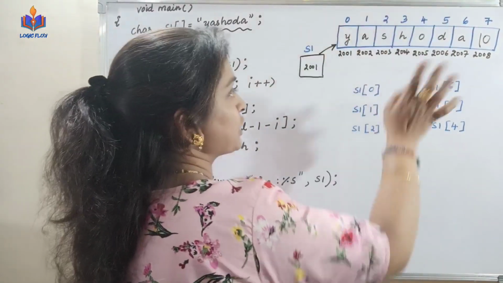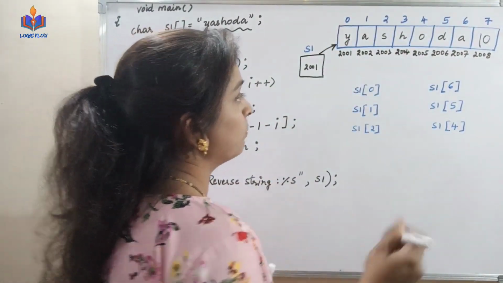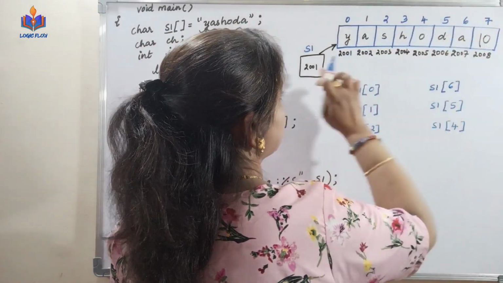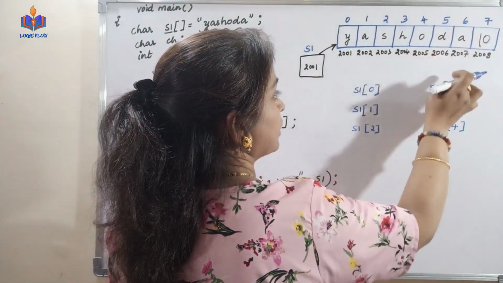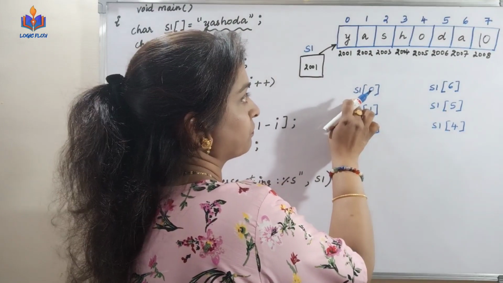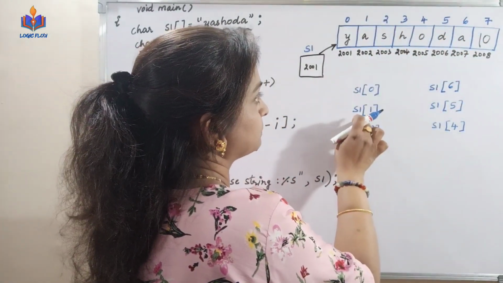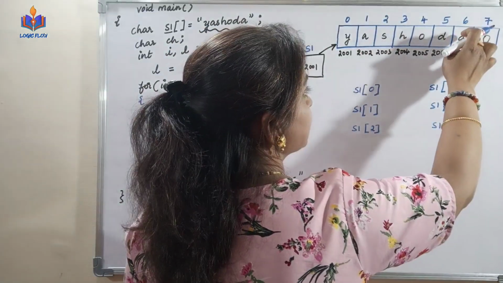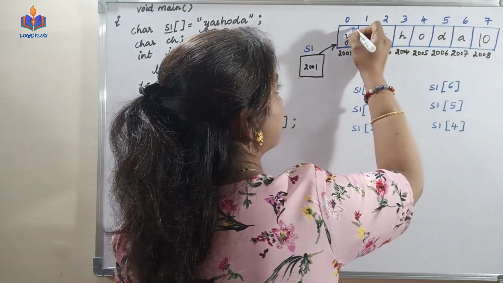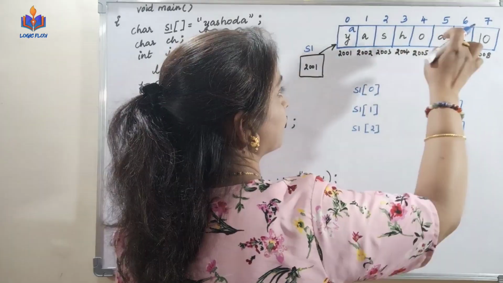Look at how we do this exchange. S1 of 6 should come to S1 of 0. Then S1 of 5 will come to S1 of 1. S1 of 6 means A will come here, to S1 of 0.